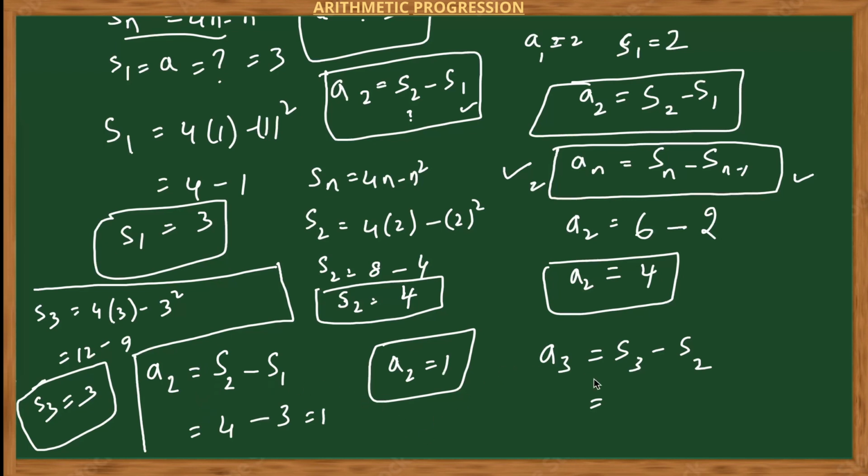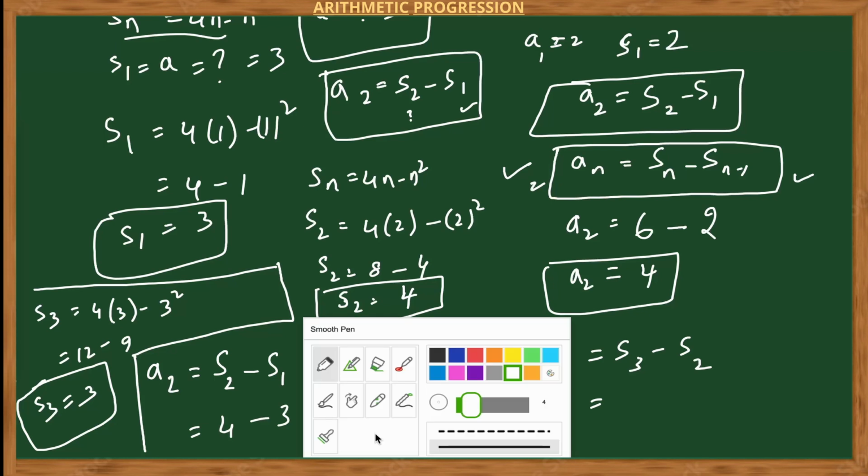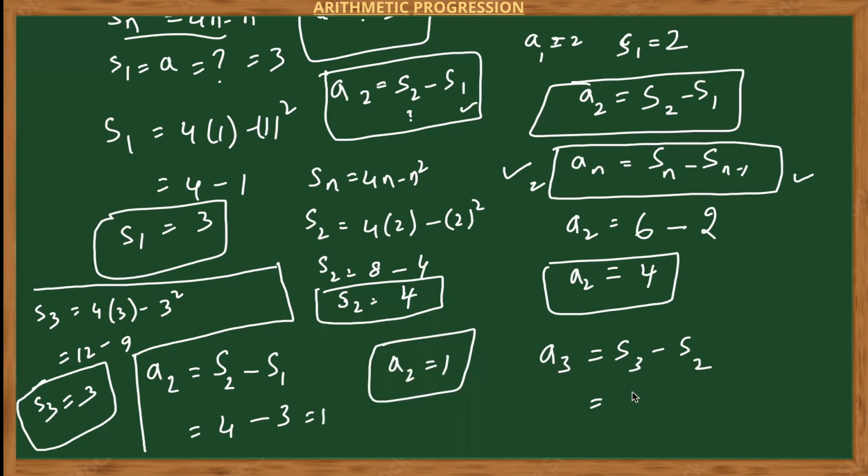Now let's replace with this value and try to get the answer. S3 is given as 3 minus S2. What is S2 here? S2 is given as 4. So a3 is equal to 3 minus 4, which becomes minus 1.